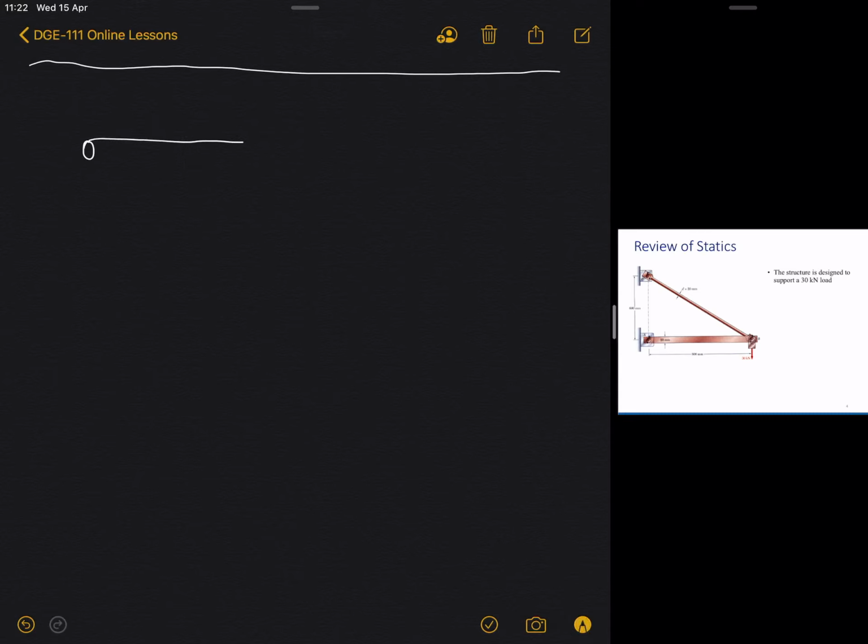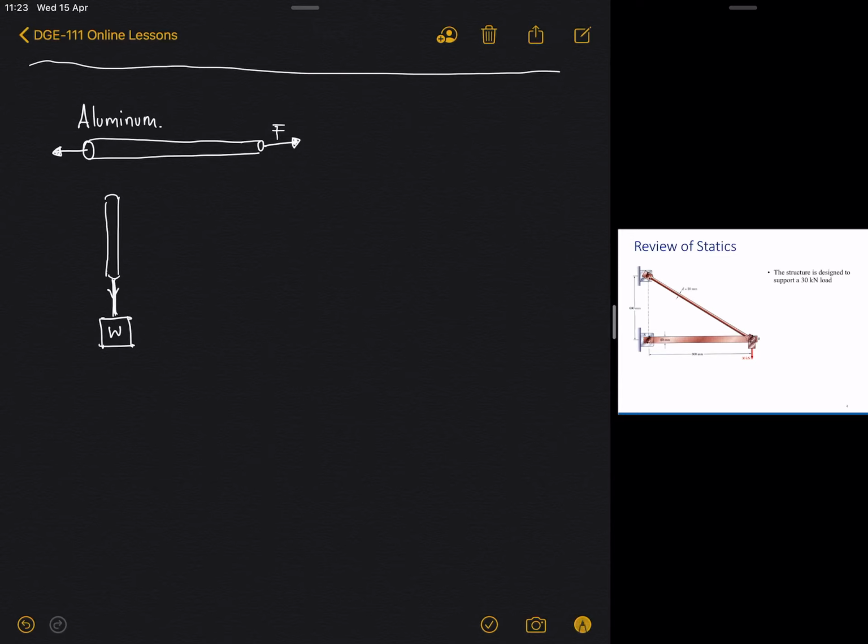I buy an aluminum bar here, and this bar will have a tension force because, for example, I would like to use it to attach to a weight here.